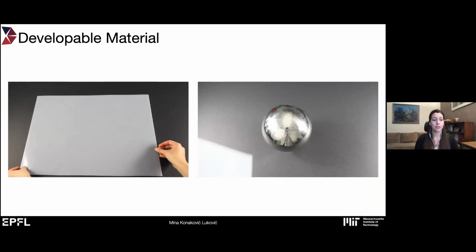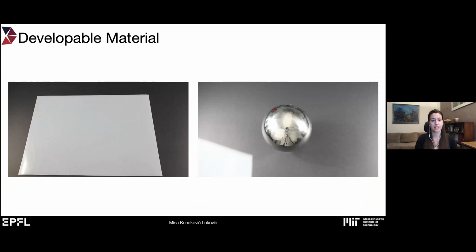If you want to approximate a shape as simple as a sphere, that is doubly curved, or curves in two directions at every point on the surface, you cannot do it with a developable sheet like this piece of plastic. You can try to wrap it around, you can bend it around, but you cannot really make a sphere out of it unless you cut it and so on.